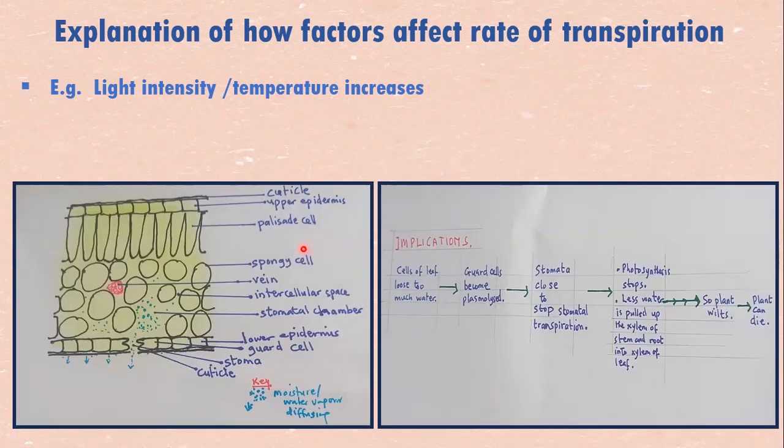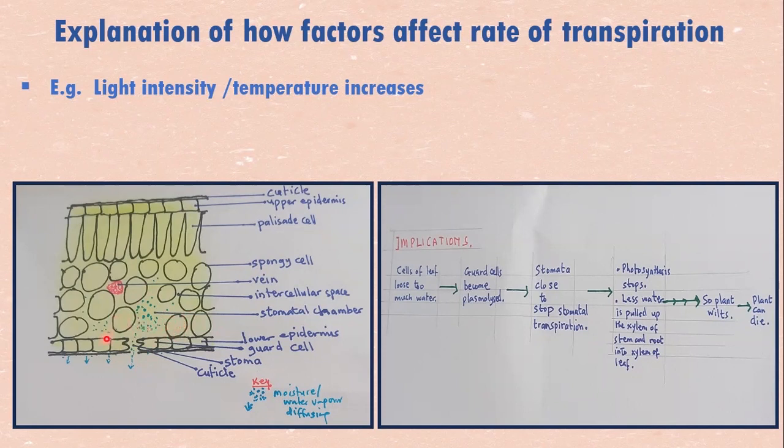Good. Now, we want to look at the implication of increasing rates of transpiration. If transpiration rate increases, water vapor diffusing fast from the leaf into the external environment, the cells of the leaf will be losing too much water.